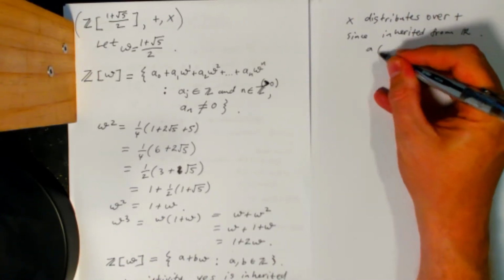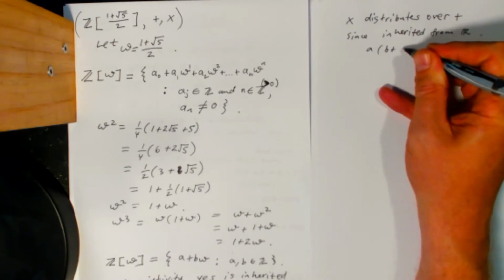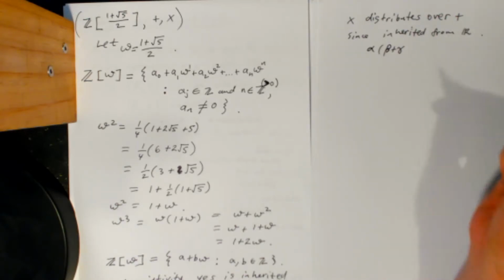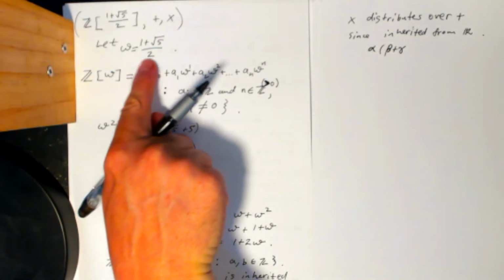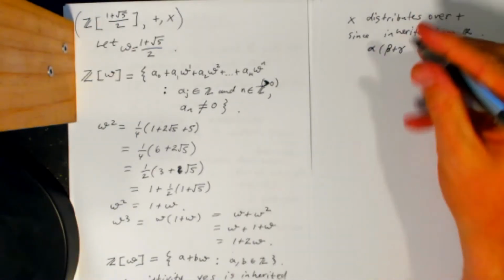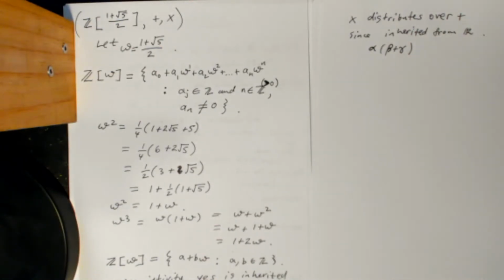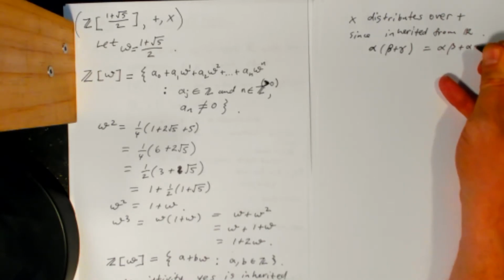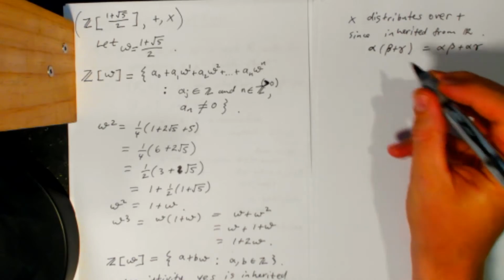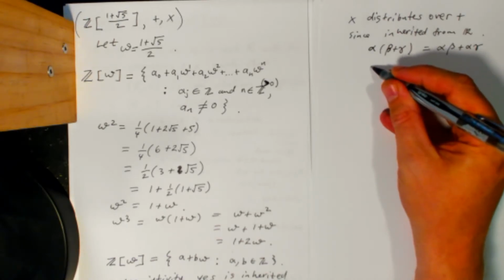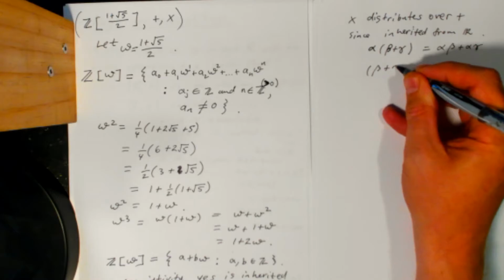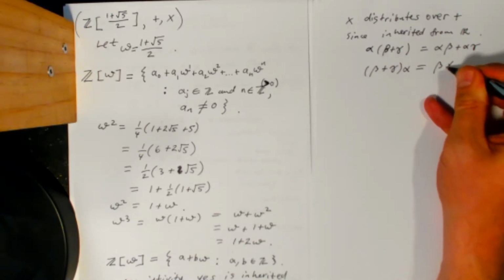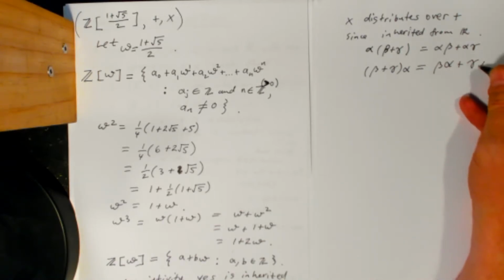In other words, A outside of B plus C. Actually, I should put alpha, beta, and gamma, because these are elements of this ring here, and we've already used A and B for integers. So this is equal to alpha times beta plus alpha times gamma, and on the other side, beta plus gamma here times alpha on this side is equal to beta alpha plus gamma alpha.